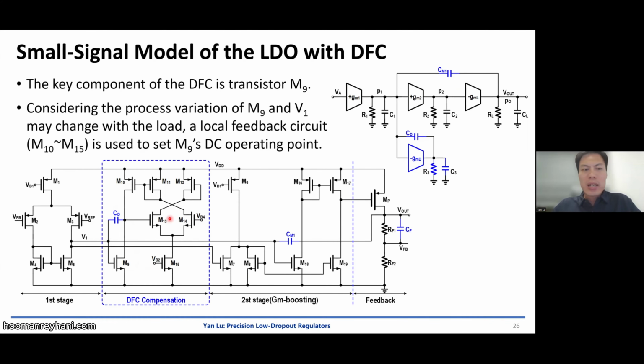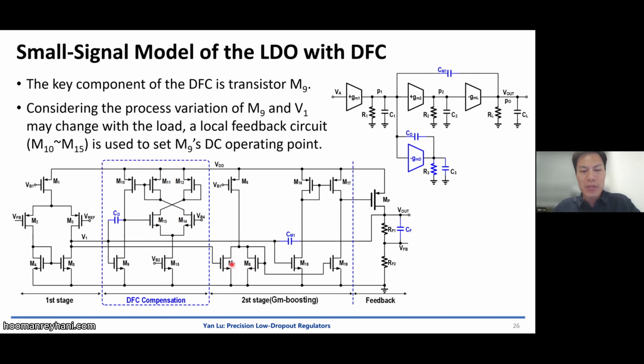And this entire LDO is a multi-stage LDO. It has a differential input stage. It has a GM boosting stage, M7 and M8. So what is the GM boosting stage? In this case, let's assume M7 is 4 times larger than M8.